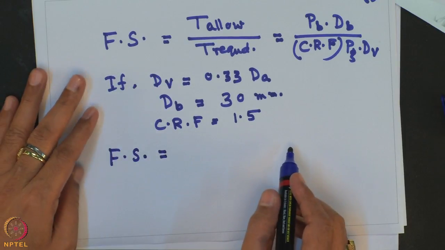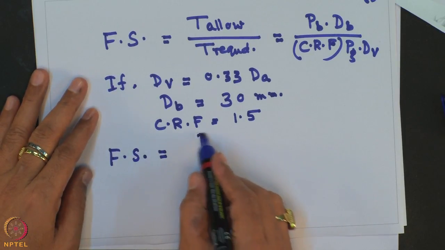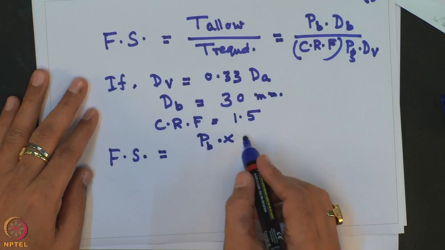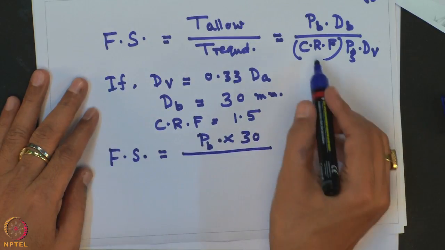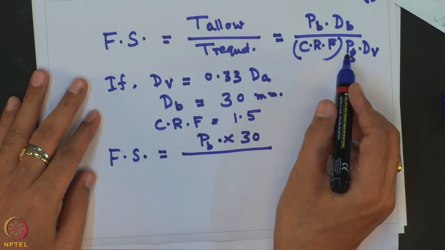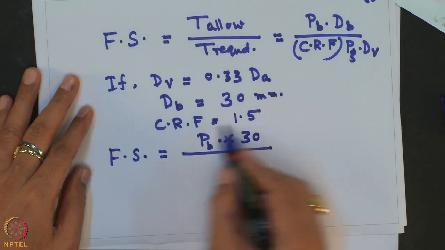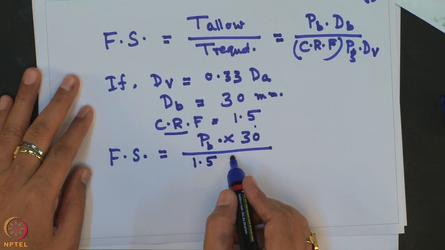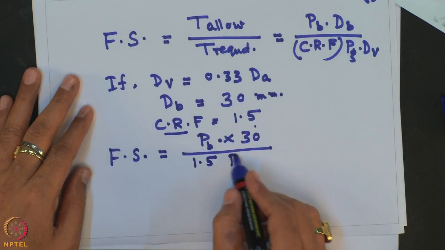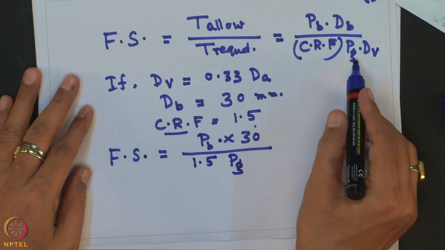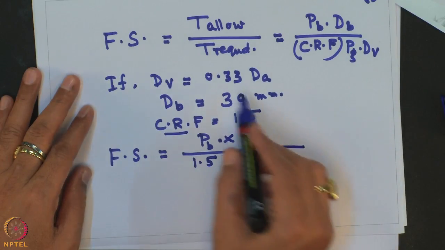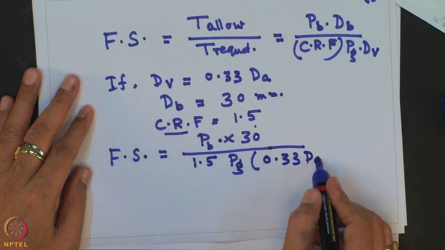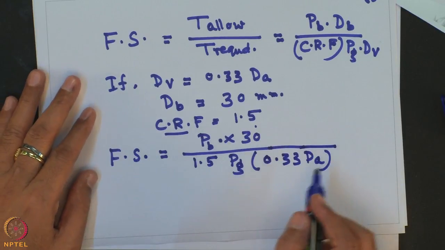So, the factor of safety will be equal to P_B into D_B, which is 30, divided by the cumulative reduction factor, which is 1.5, into P_g and then into d_V. d_V has a relation with d_A, that is 0.33 D_A.